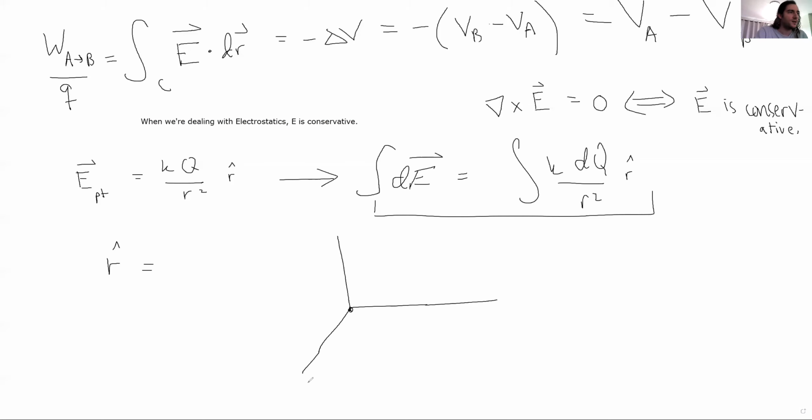If this is my origin, this is my x-axis, my y-axis, and my z-axis, here's a random vector which points in the r hat direction. This vector projects down into the xy plane as follows. This angle here, we'll call it theta. This angle here, we'll call it phi. And the magnitude of this vector here is r. Of course, we're going to set r equals 1 for r hat, which is the unit vector.